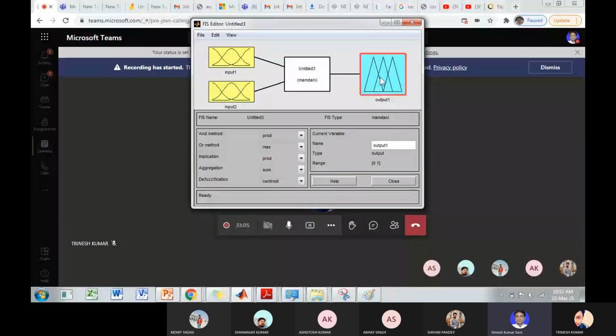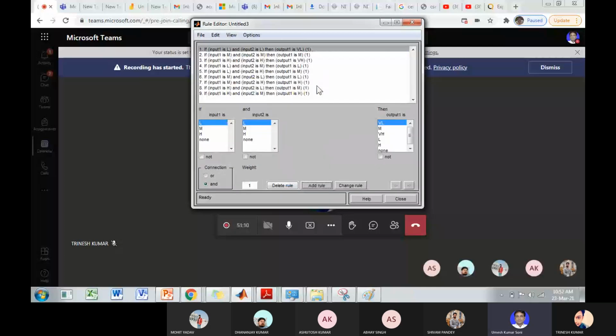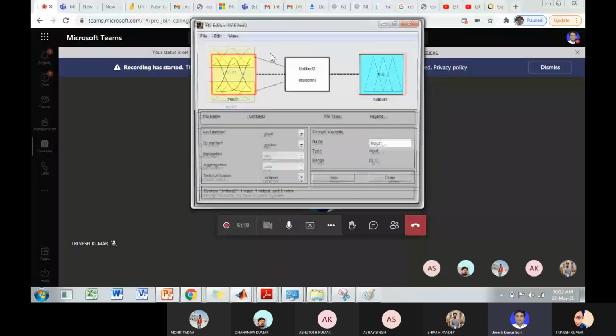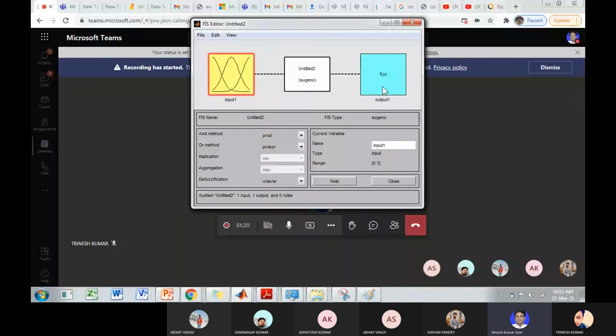However, when you define this model, suppose you are taking the Sujano, then this output will not be a membership function. It will be how we define the output mathematically in terms of the magnitudes of input 1 and input 2.